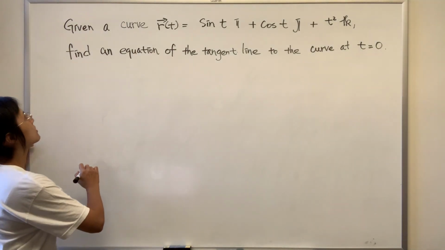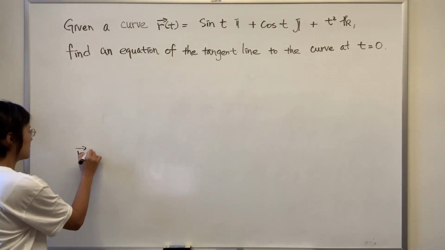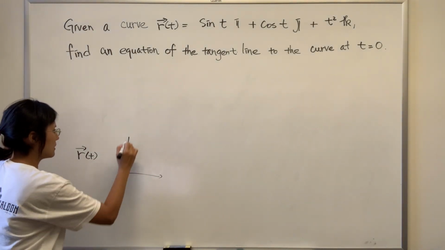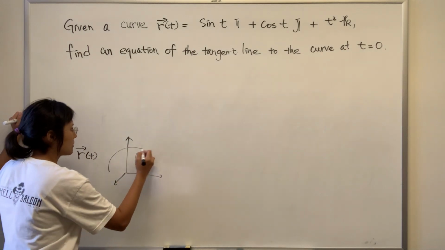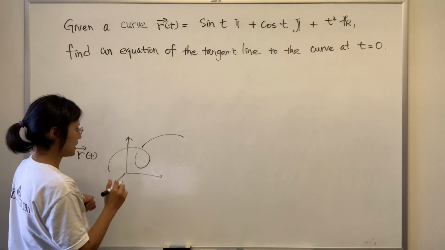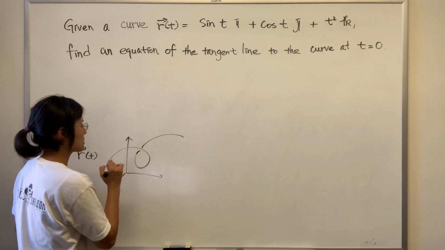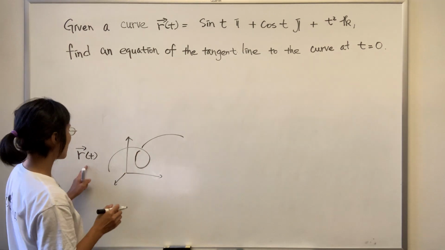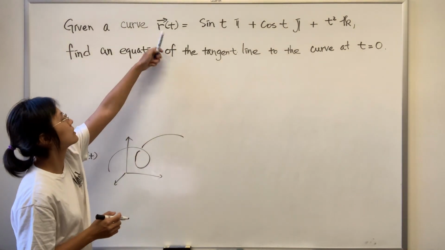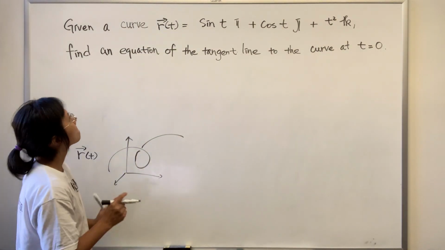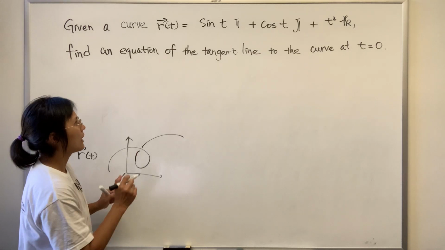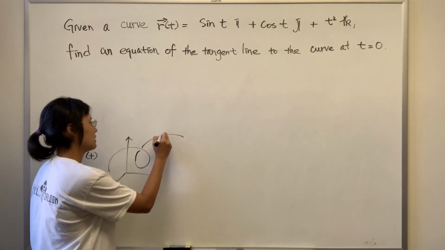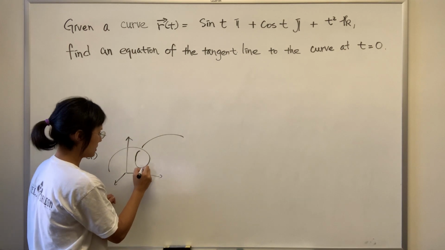Okay, so here I have r(t) sitting in the space. Let's just make it more arbitrary. I don't know how it looks in space, but let's just say this. This curve is governed by the function up here, and at t equal to 0, where is it?